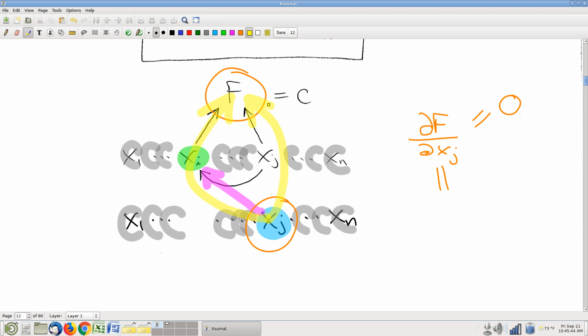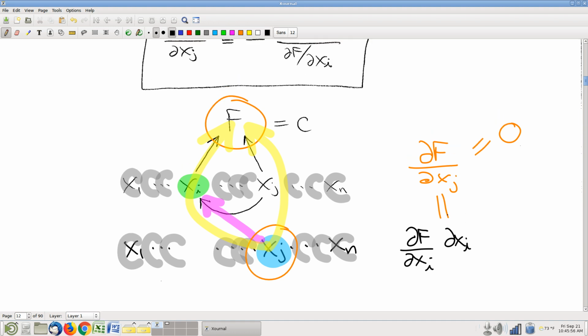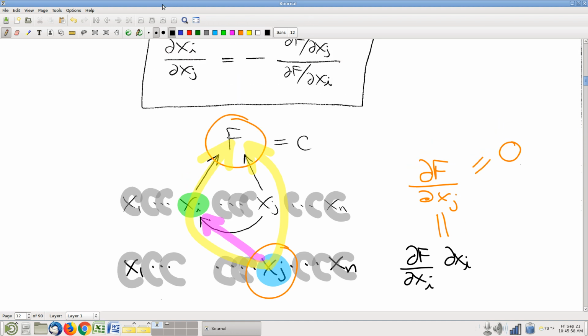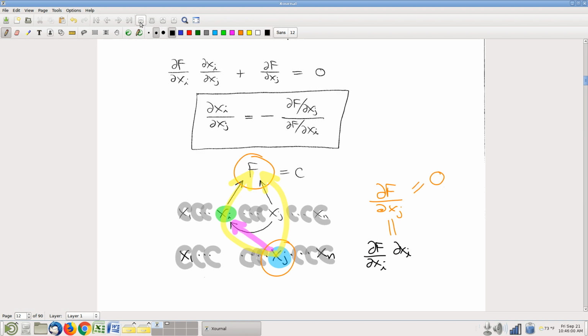So let's write that down then. I'm going to have partial of f with respect to xi times partial of xi. Oh, I've got this written down already. Sorry. Zoom out one notch. There it is.